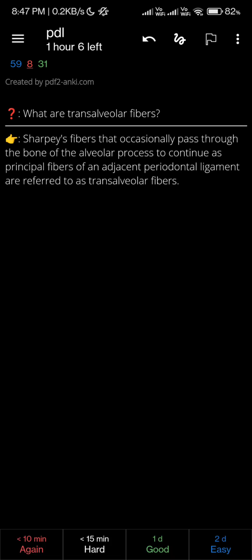So what are transalveolar fibers? Sharpey's fibers occasionally pass through the bone of the alveolar process and continue as the principal fibers of the adjacent periodontal ligament. That is called the transalveolar fibers.